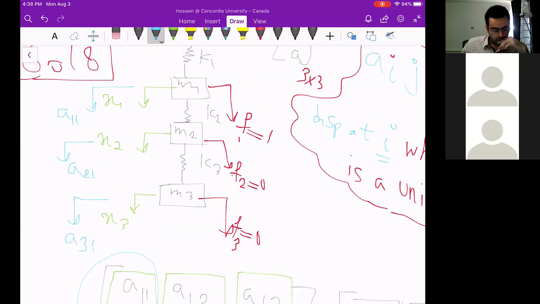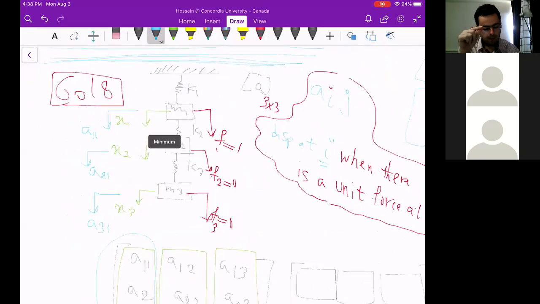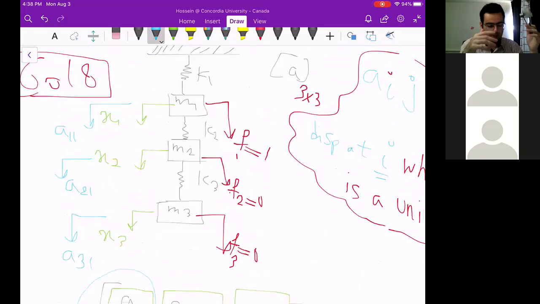As soon as you apply the unit force at mass 1, the resultant displacement at mass 1 is called A11, and the displacement at mass 2 due to the unit force applied at mass 1 is A21. And the displacement at mass 3 is A31, which is the displacement at mass 3 due to the unit force at mass 1.